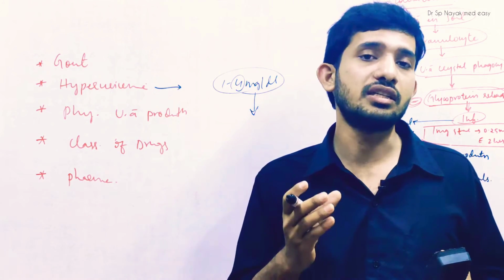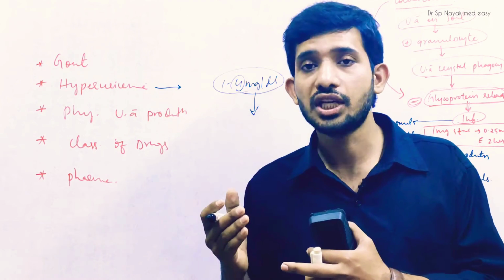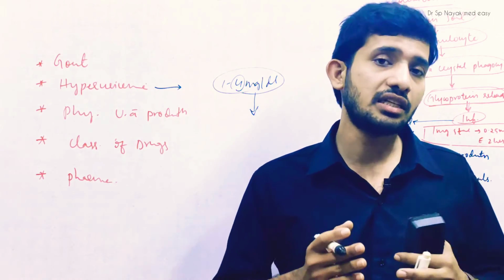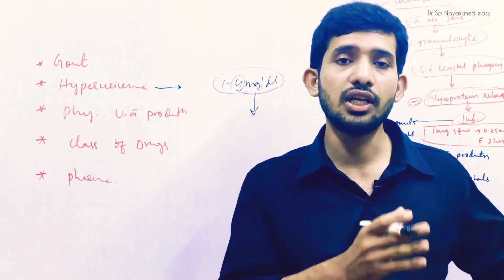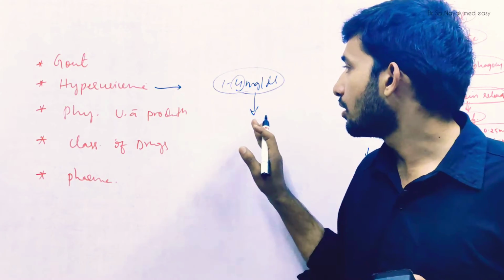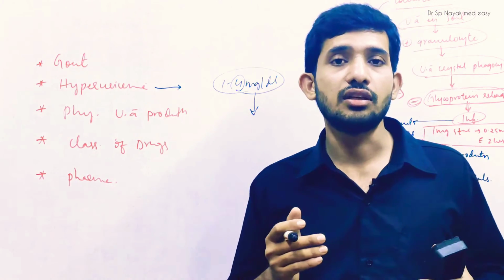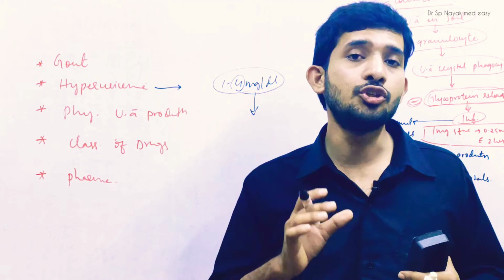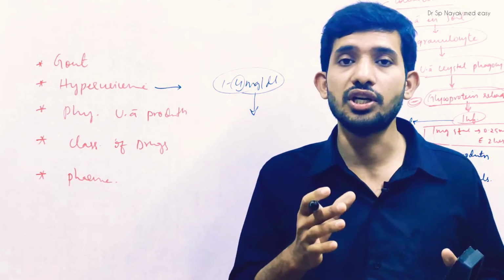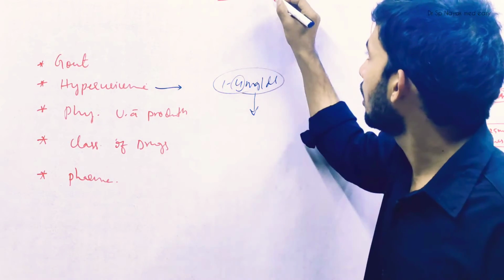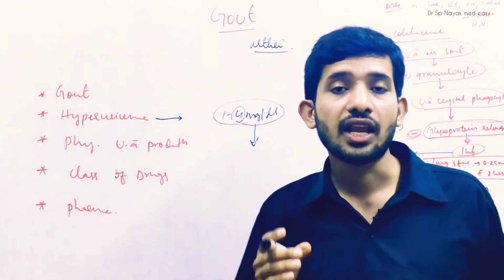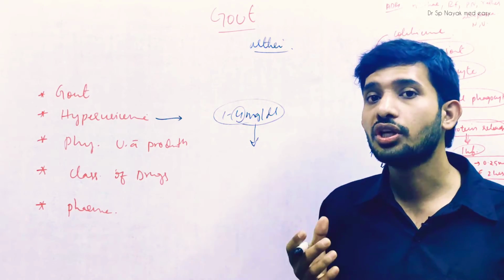The crystals accumulate in the kidneys and form kidney stones, some accumulate in the subcutaneous tissue, and especially in the joints, where they cause severe arthritis. That condition is called gouty arthritis.